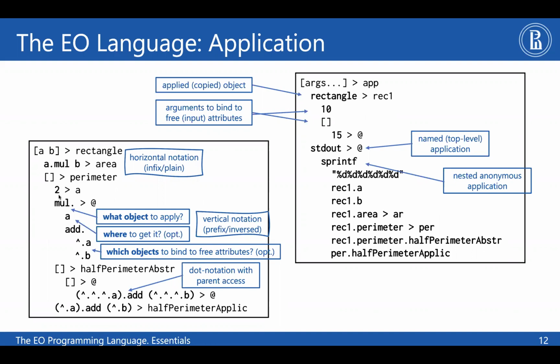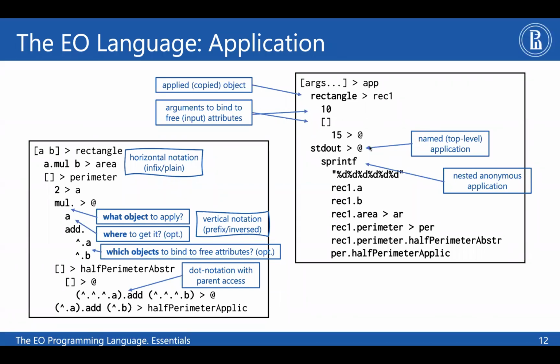This 2 is also an object of type int. And vertical notation, also called inversed or prefix, is mostly used in real programs because it is actually more convenient to use. We will talk about it later.